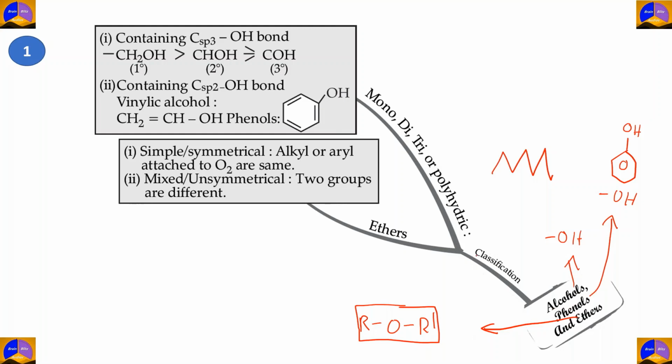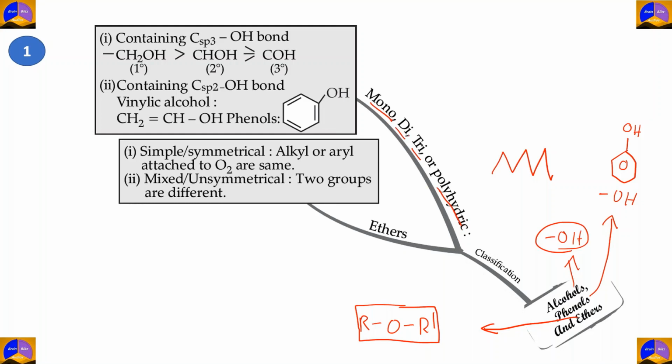How do we classify alcohols, phenols, and ethers? In classification, we'll divide this into 2 parts. Alcohols and phenols are considered one type of compound because they have the same ending, OH, while ethers have this formula, R-O-R'. Alcohols and phenols are divided into categories such as mono, di, tri, or polyhydric.